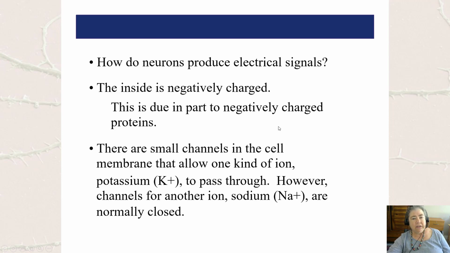So there are negatively charged proteins in the cytoplasm. And I remember mentioning when we were talking about the composition of intracellular and extracellular fluid, remarking that there is a lot more protein in the intracellular fluid than in the extracellular fluid, and those protein molecules are negatively charged.